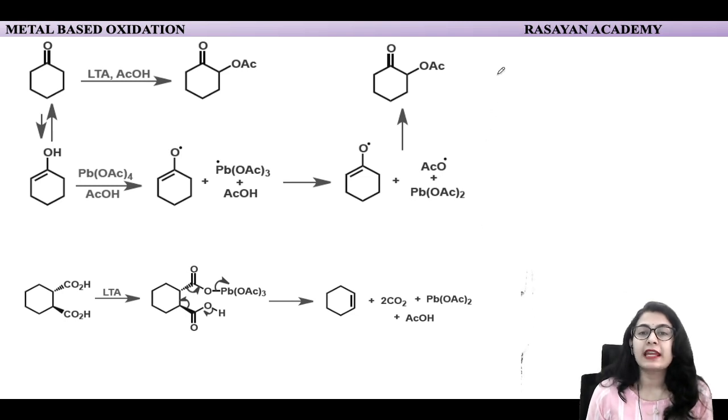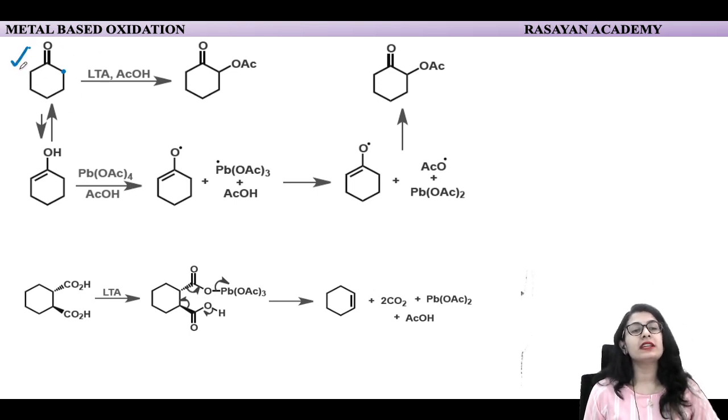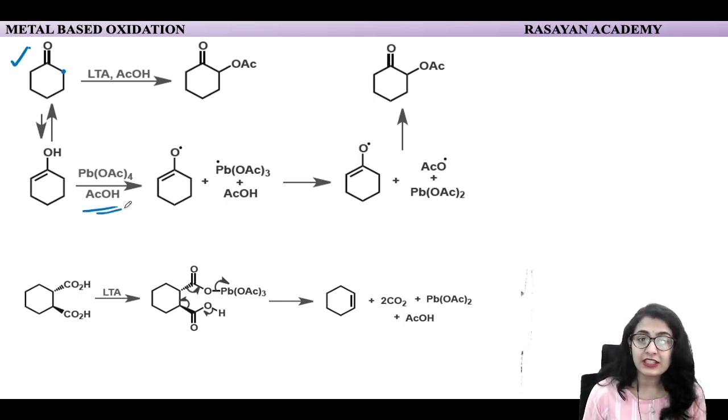Also, just like manganese triacetate, which we have covered in the last video, it was also doing the acetylation on the alpha position. It is doing the same thing and goes through the same mechanism. That is, let's say we start with a simple cyclic ketone over here. In the presence of acidic conditions, it is going to give you enol.